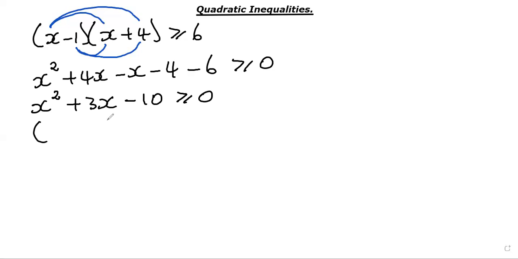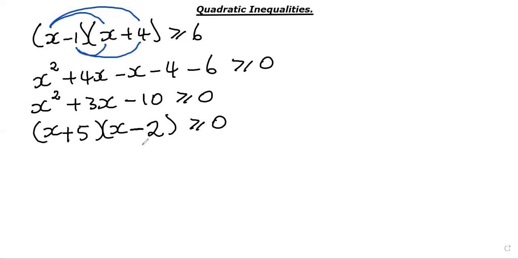Then from this point, we have to factorize. Factors of x squared, it's x and x. Now, factors of 10 that add up to 3 can only be 5 and 2. The bigger number takes the sign of the middle term, and this one has to be negative. 5 minus 2, it's positive 3.